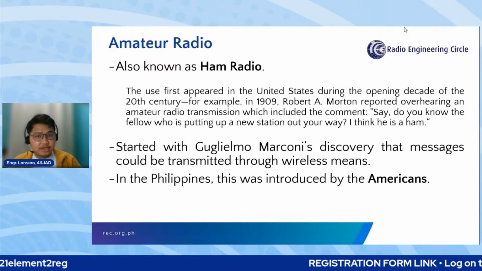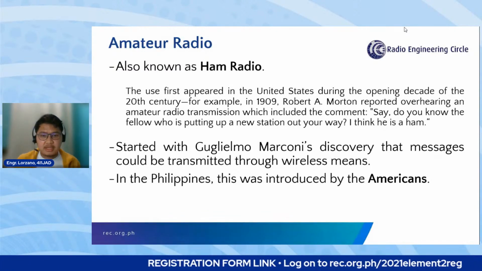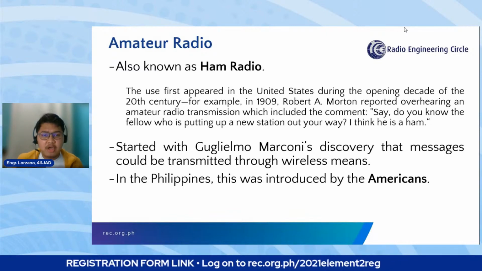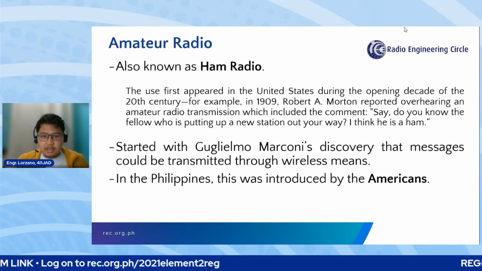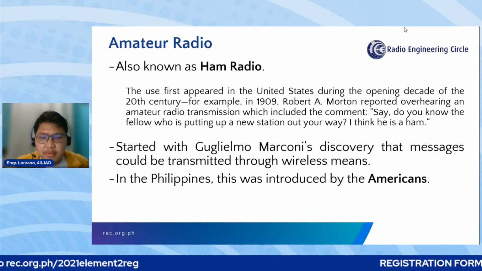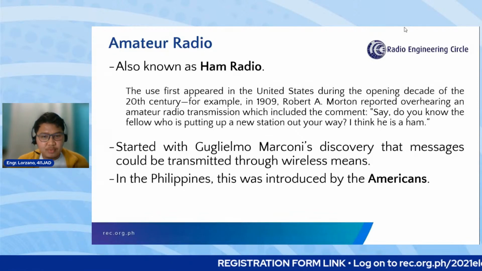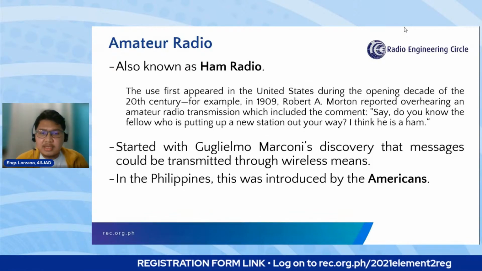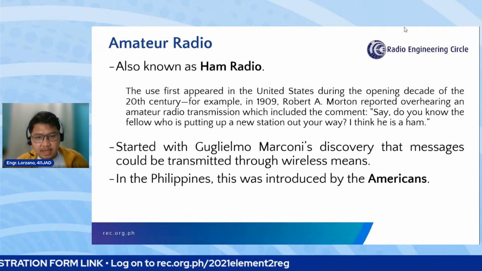Amateur radio is also known as ham radio. The term was first used in the United States during the opening decade of the 20th century. For example, in 1909, Robert A. Morton reported overhearing an amateur radio transmission which included the comment, "Say, do you know the fellow who is putting up a new station out your way? I think he's a ham."